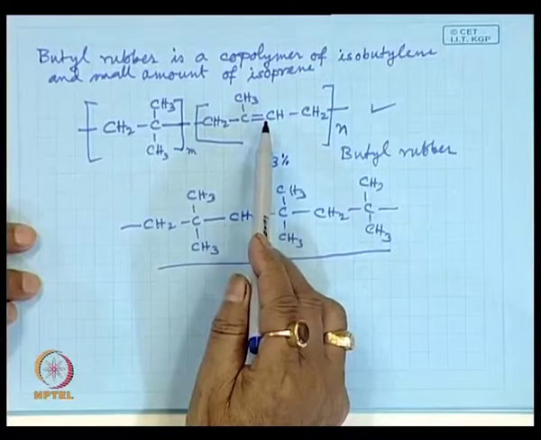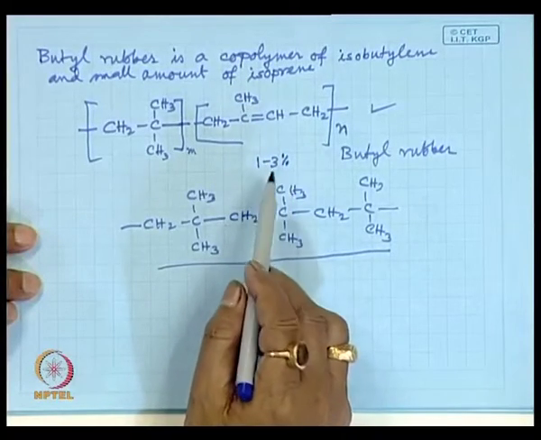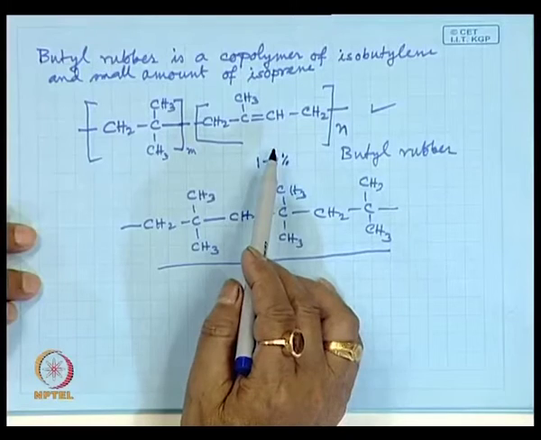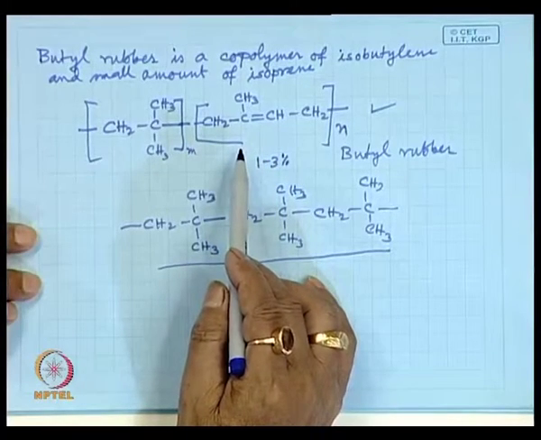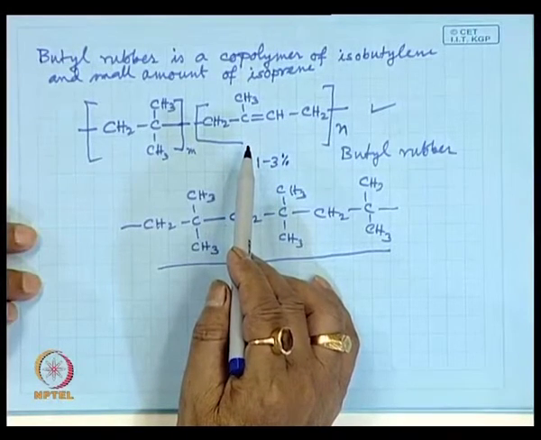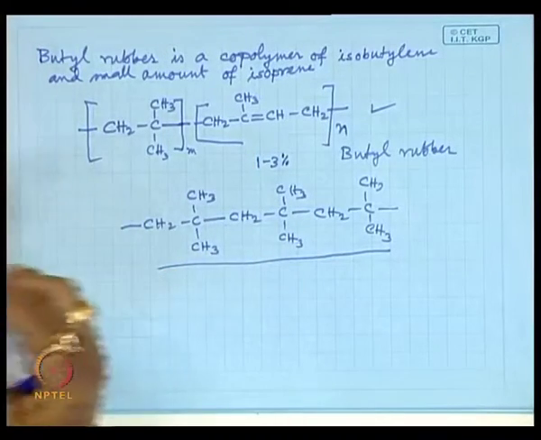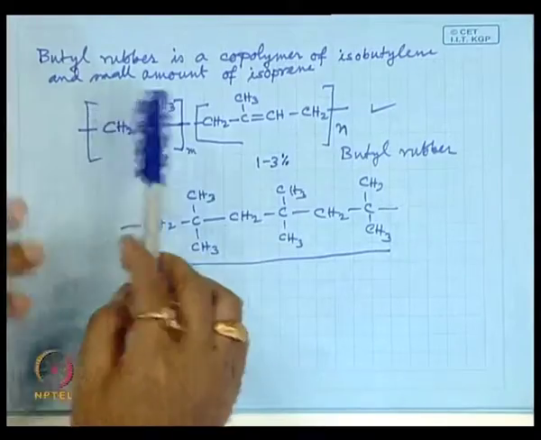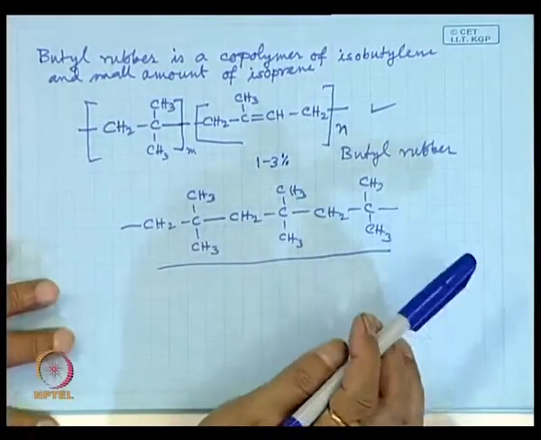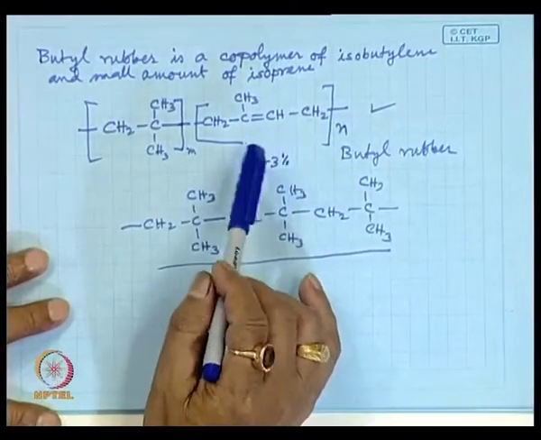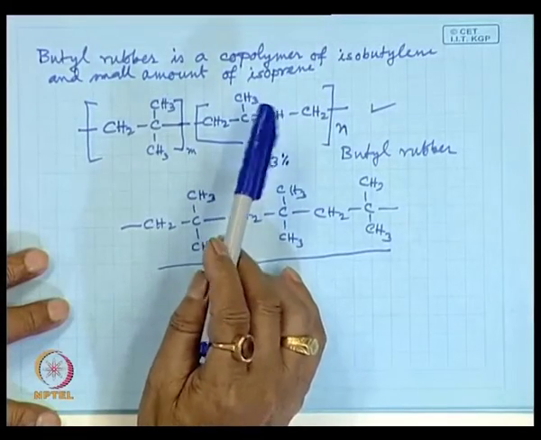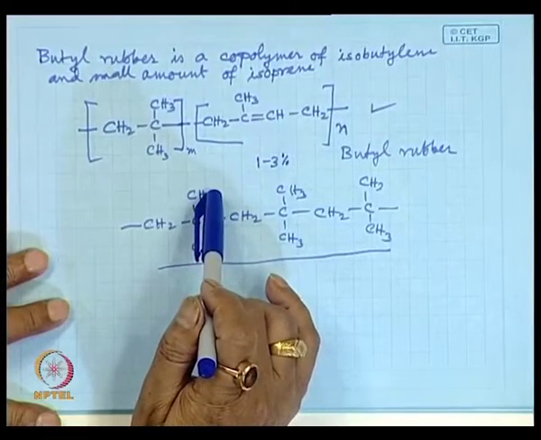In the case of natural rubber, polybutadiene rubber or other diene rubbers, sulfur is used as a vulcanizing agent or cross linking agent. It converts that thermoplastic polymer to a thermoset polymer. So, this isobutylene is used to manufacture butyl rubber by cationic polymerization.